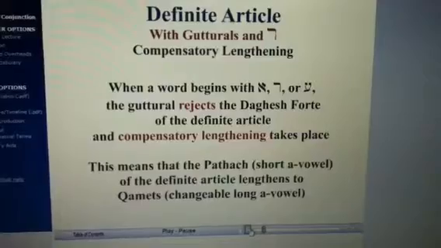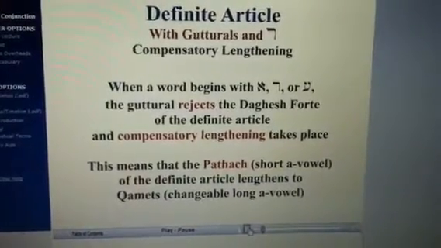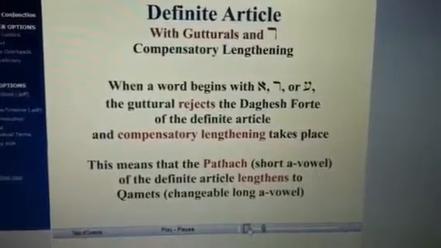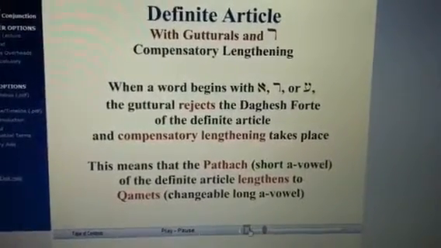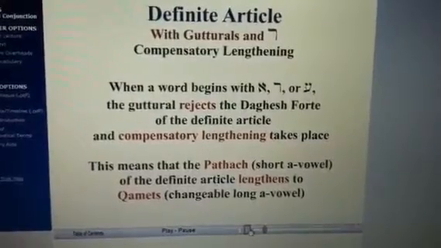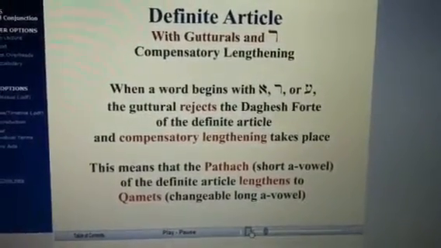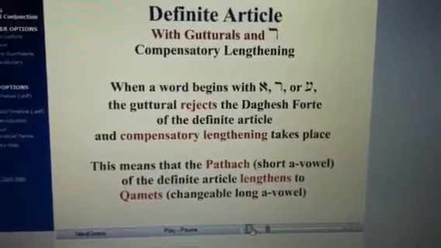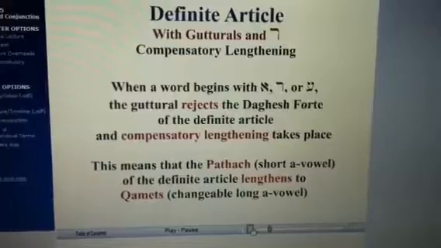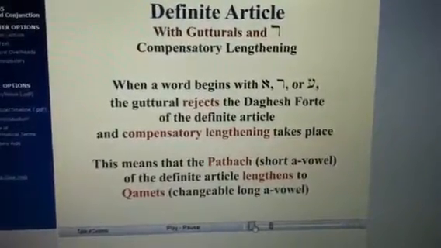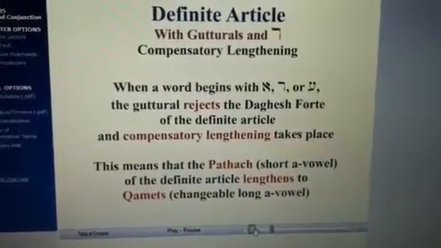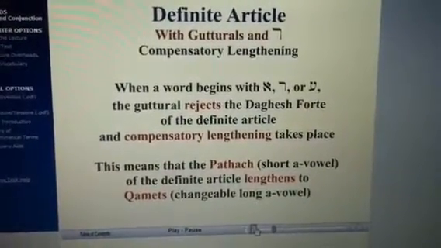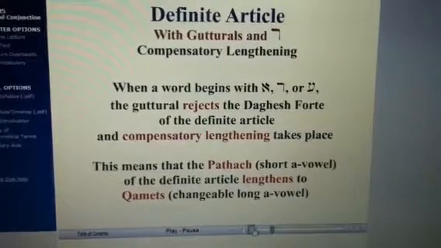This means that the patach, that is the short A vowel of the definite article, lengthens to qamets, a changeable long A vowel. In this way, the definite article compensates for the loss of the dagesh forte by the lengthening of its vowel from patach to qamets. This explains the term compensatory lengthening.